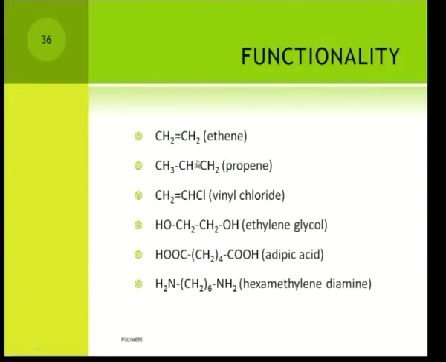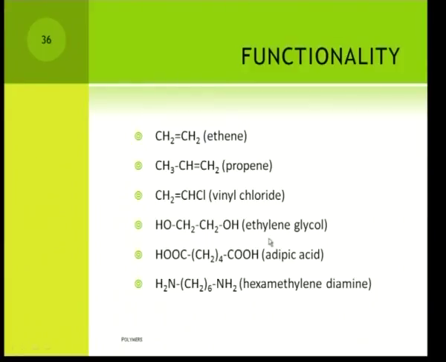Here once again the double bond is responsible for the bifunctionality of the molecule, and in this case it is vinyl chloride, CH2 double bond CHCl. Again the unsaturation or the double bond is responsible for the functionality. Basically it is bifunctional. Now let us move on to other types of examples.